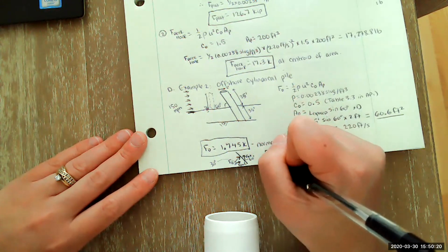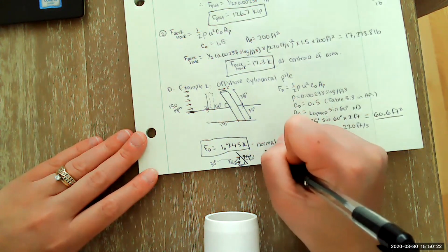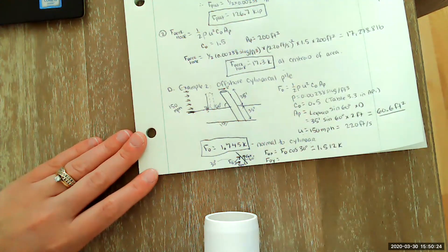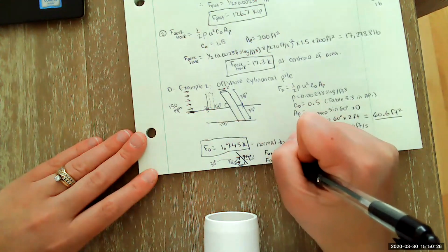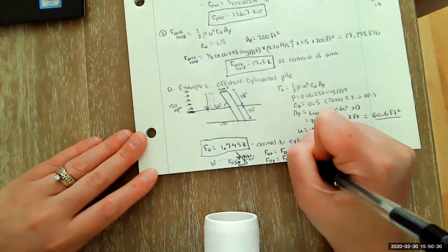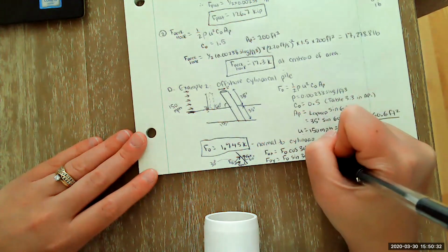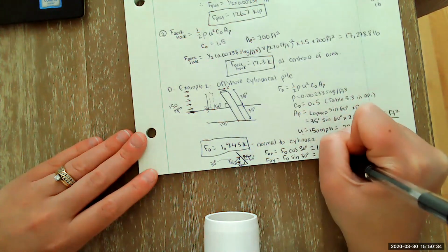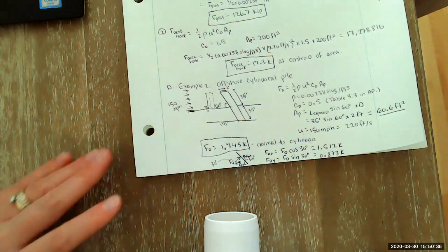And then similarly, my drag force resolved in the Y direction is going to be the drag force times the sine of 30 degrees, or 0.873 kips.